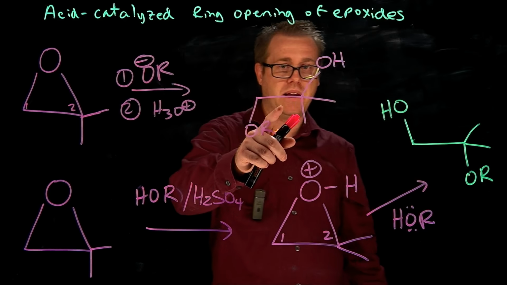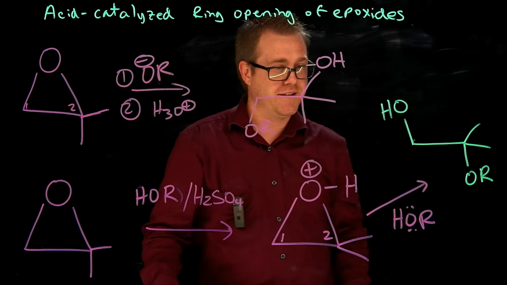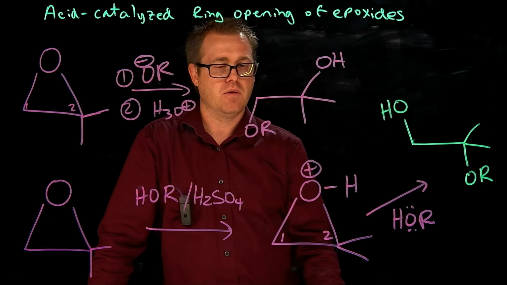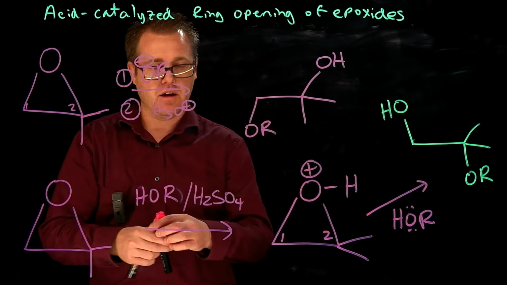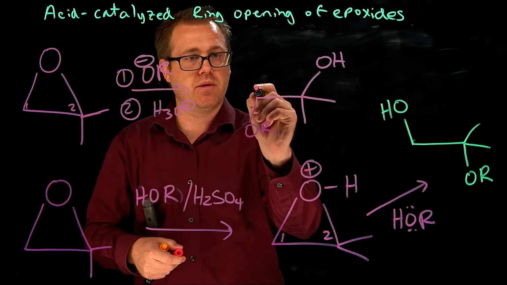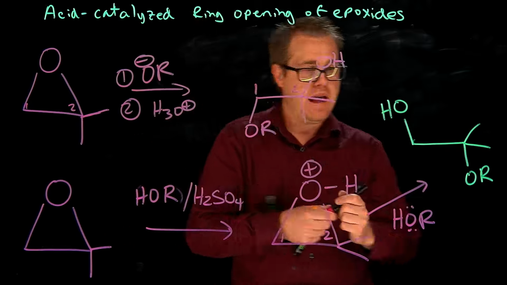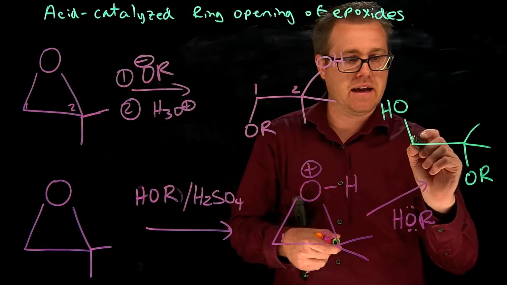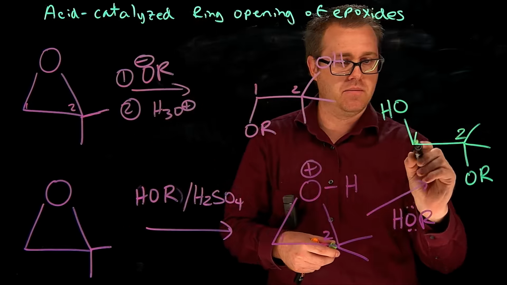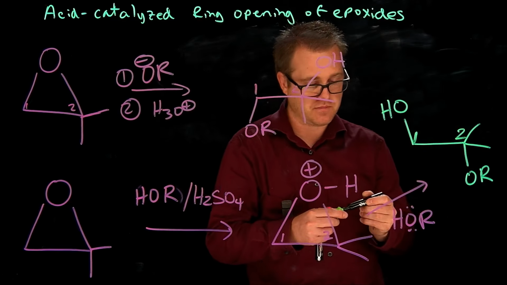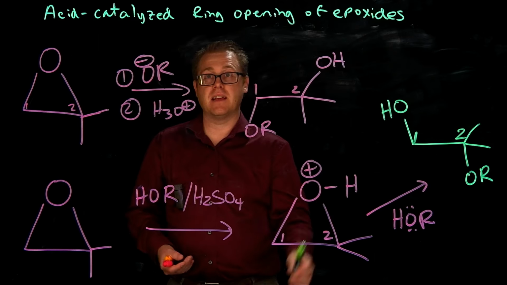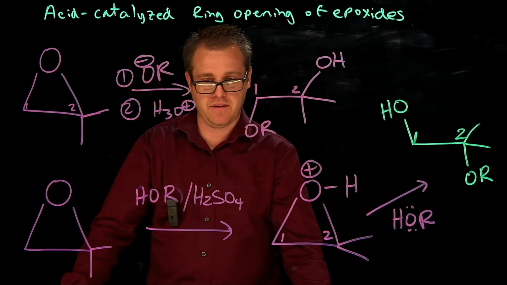Now comparing this pink one and this green one, do you see the difference? Where did the OR attack? On the top one, it attacked at carbon 1. And in the green molecule, it attacked at carbon 2. So there's a difference in regioselectivity here.